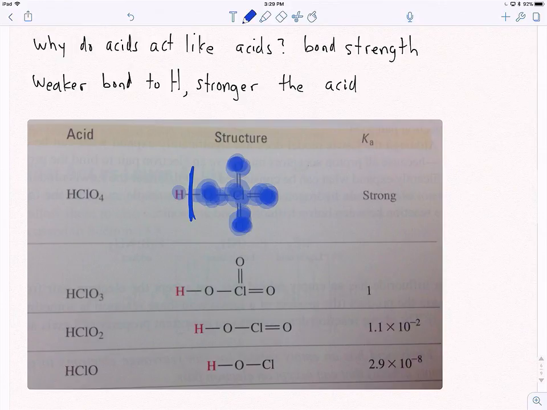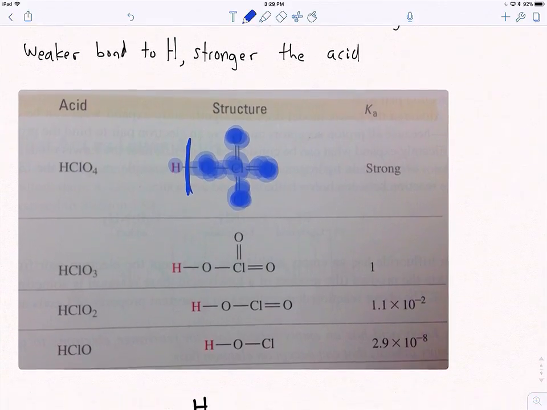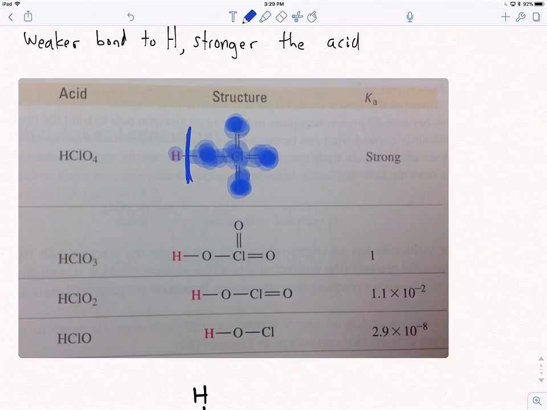As we go down and have fewer oxygens, the top one is perchloric acid. Chloric acid is a pretty strong acid. Chlorous acid down here is still pretty strong. And hypochlorous acid is a fairly weak acid. Now look at it the other way, starting at the bottom with hypochlorous acid, HClO.